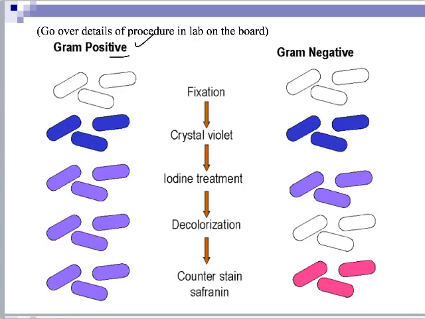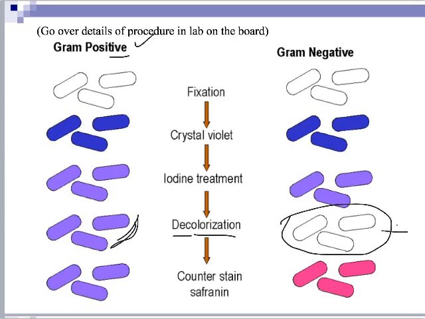If you have a gram-negative, you add crystal violet, so everything looks purple. Then we add iodine. Then we wash it with ethanol, so we're going to decolorize. The ones that are gram-positive, the purple is going to stay in the cells. The ones that are gram-negative, because of the way their cell wall is, the purple washes out.